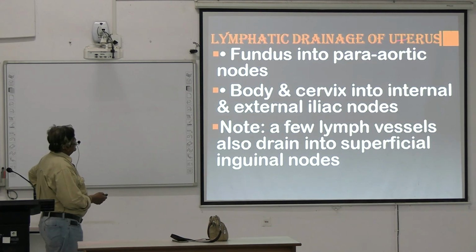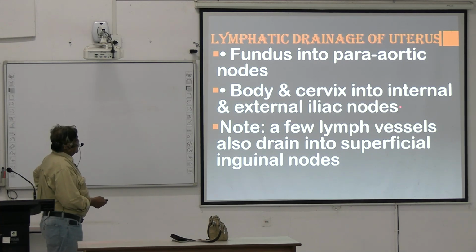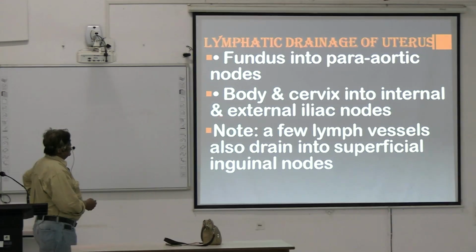Lymphatic drainage of the uterus: fundus into the para-aortic nodes, body and cervix into the internal and external iliac nodes. This is important. Note a few lymph nodes also drain into the superficial inguinal lymph nodes.